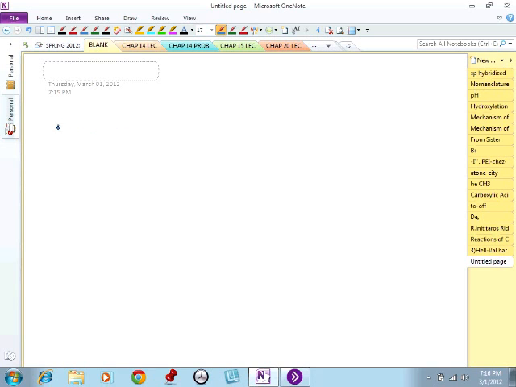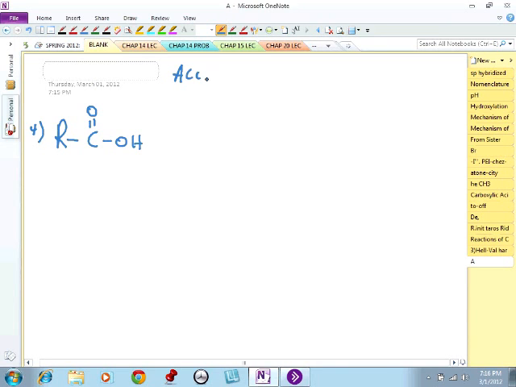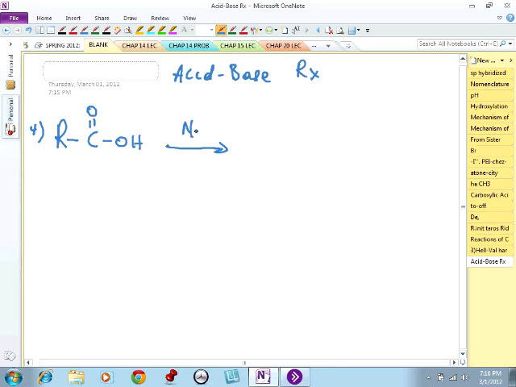Okay, acid-base reaction. If you take a carboxylic acid and you take any kind of base, let us say we take sodium hydroxide, or potassium hydroxide. This hydrogen here is very acidic.